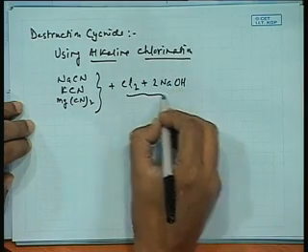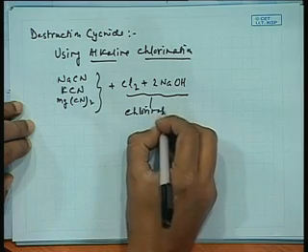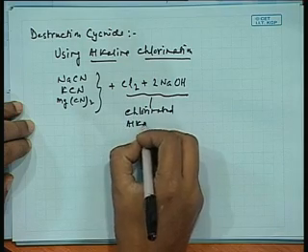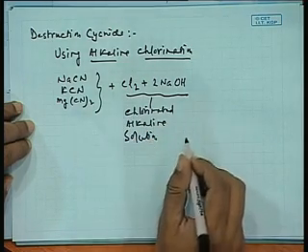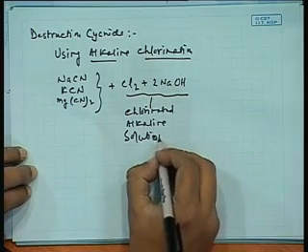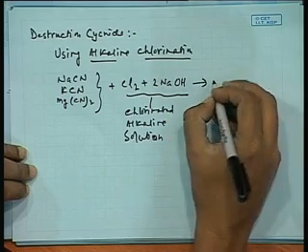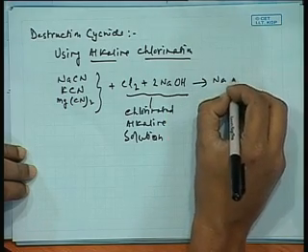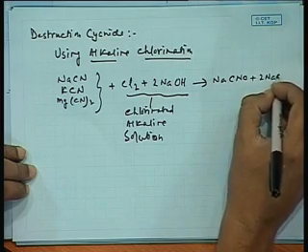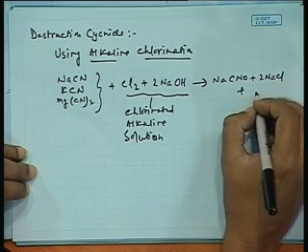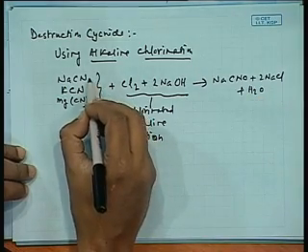This leads to NaCNO in the first stage, plus 2NaCl, which is pure simple sodium chloride, and H2O. So we are using this one.